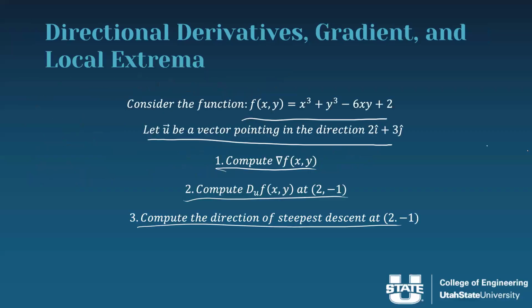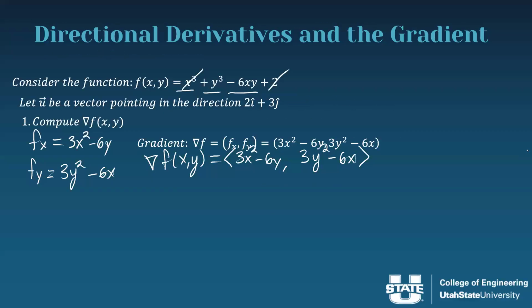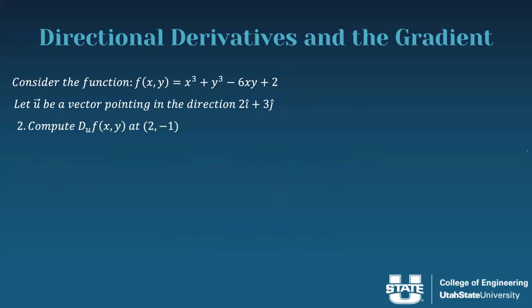And then we want to do our directional derivative. This time we're going to use the vector (2, 3), and we're going to do it at the point (2, -1). So first we have our vector (2, 3).